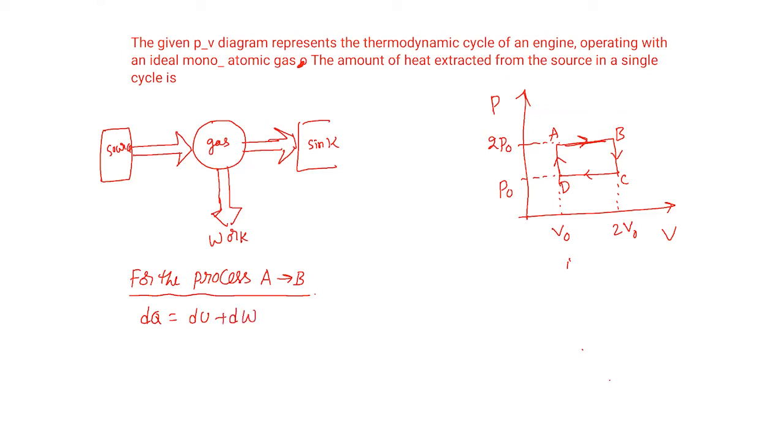Now, how do you calculate dW, the work done? Area under the PV graph gives you work done. Children, all of you remember this? Area under the PV graph gives you work done.